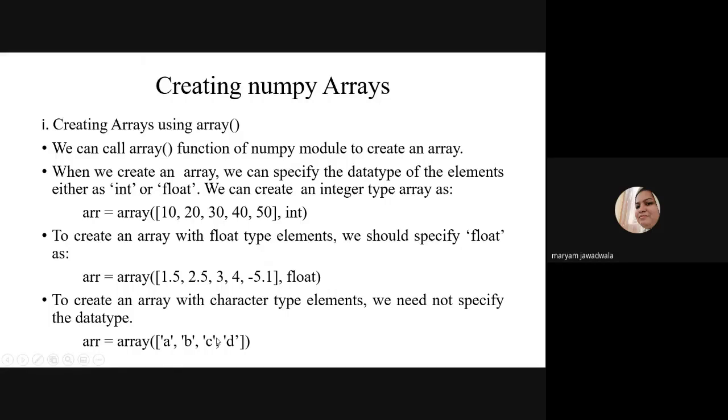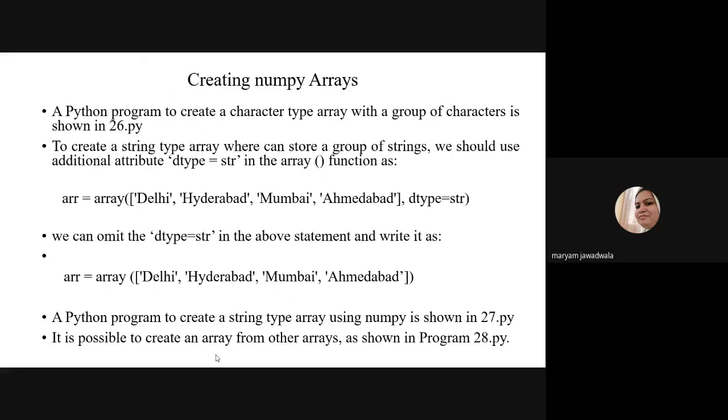So in this way, you can create the character array. arr is equal to array, A, B, C, D. So in this way, we can create integer, float, and character type arrays using the array function, right?